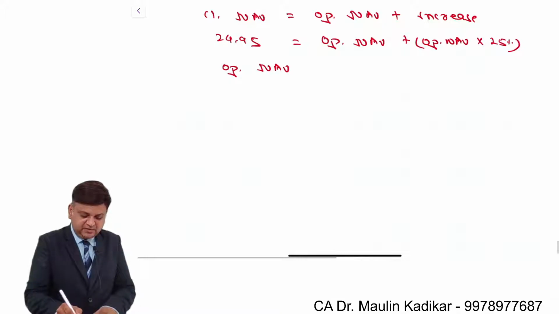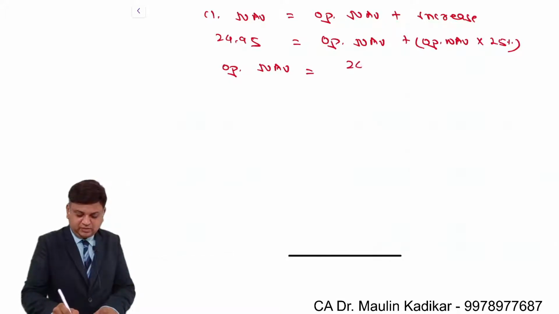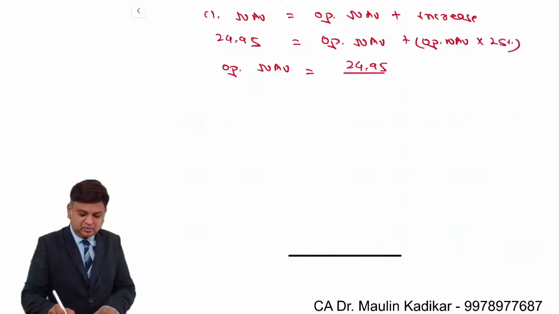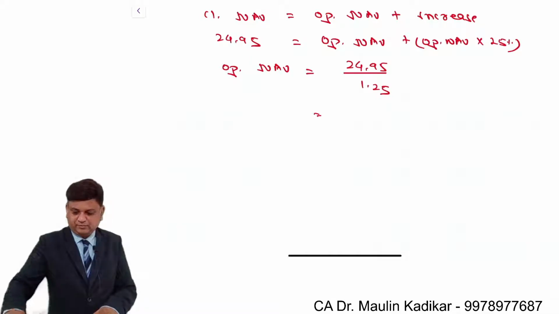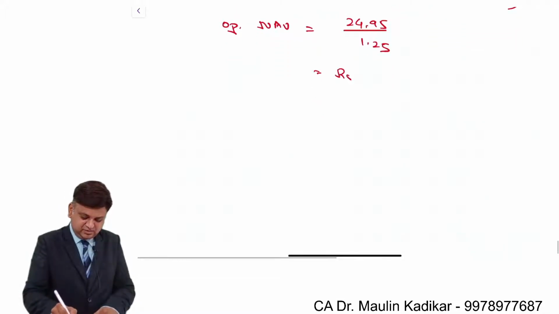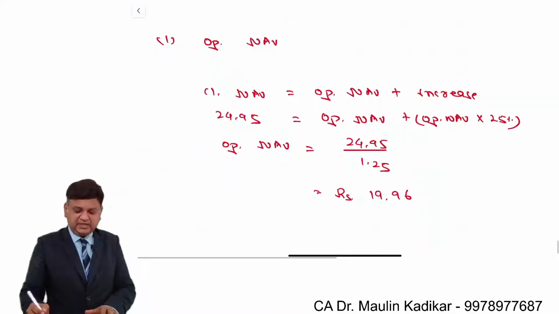So opening NAV is equal to 24 rupees 95 paise upon 1.25. That is the way we are required to make the computation. It is 19.96. That is the way the opening NAV can be found.